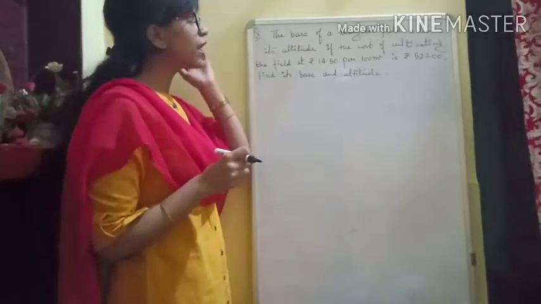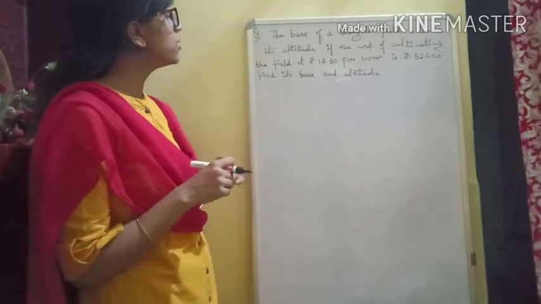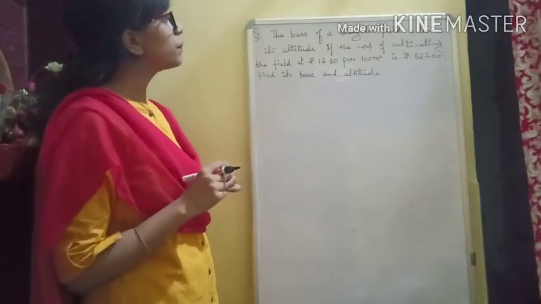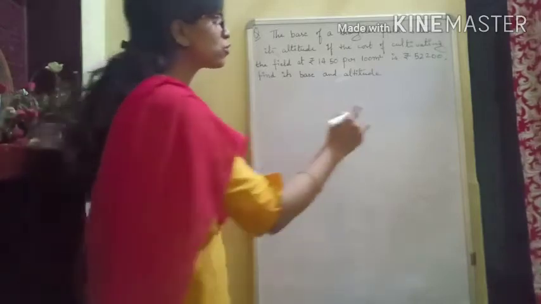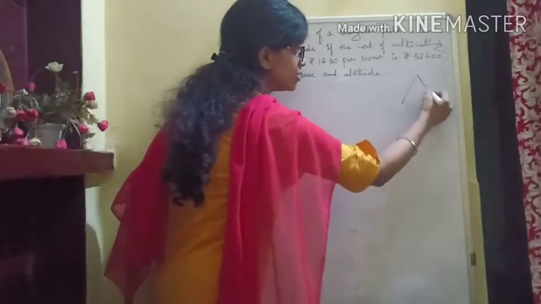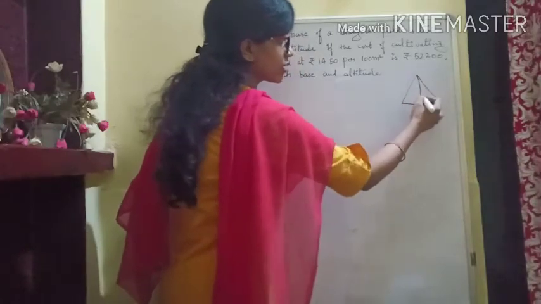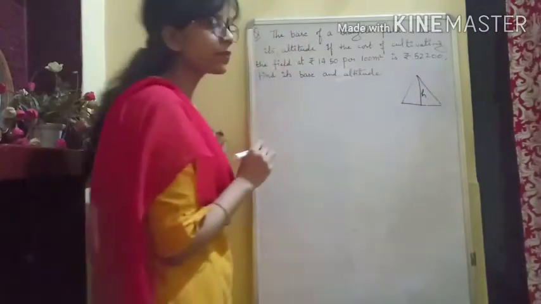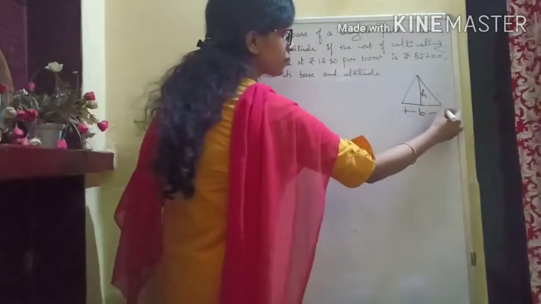Okay, so here we have our next question. This is the sixth question of the exercise. Now let us read the question. The base of a triangular field is twice its altitude. So there is a triangular field, and they are saying the altitude, let's say the altitude is h. Okay, they are saying the base, let's say the base is b.